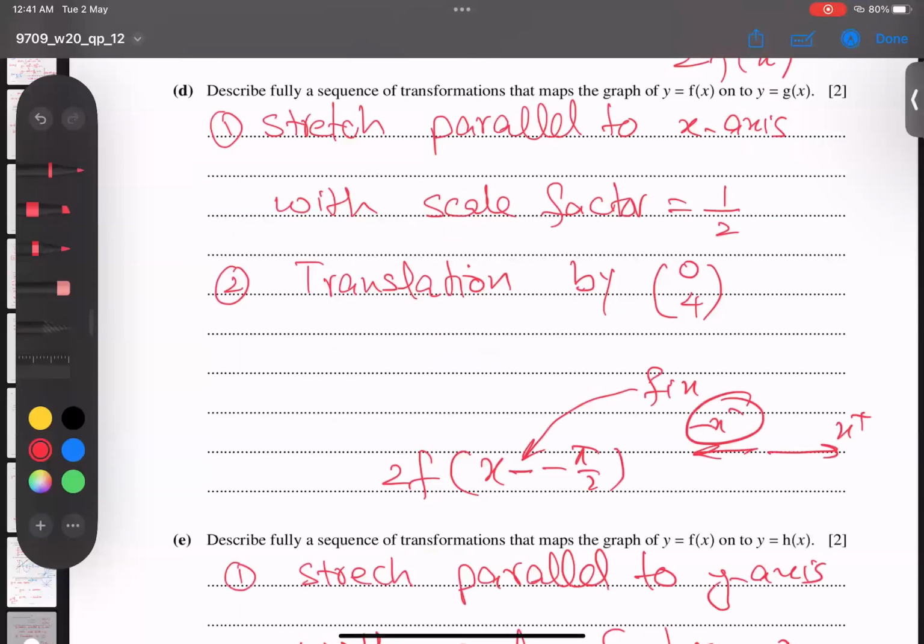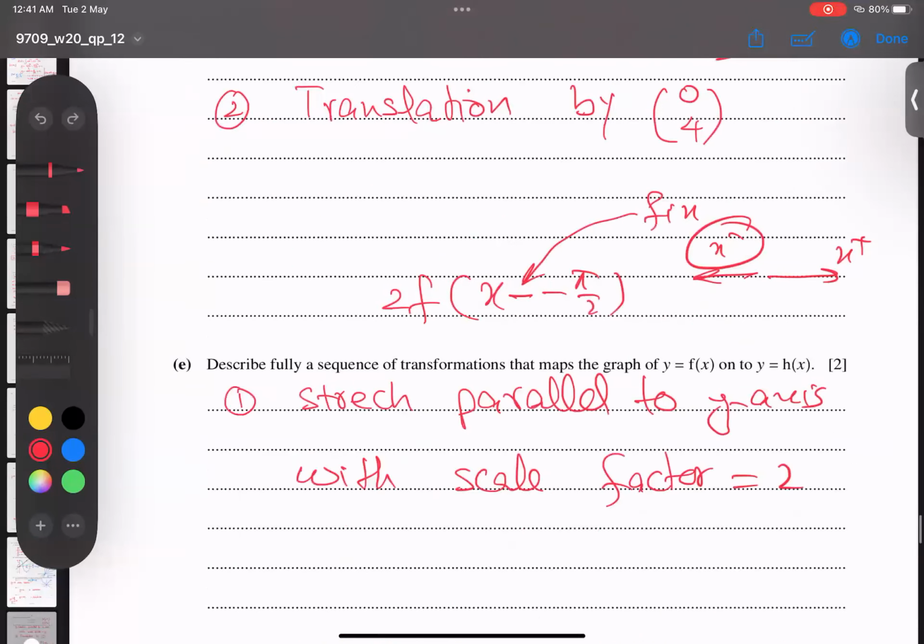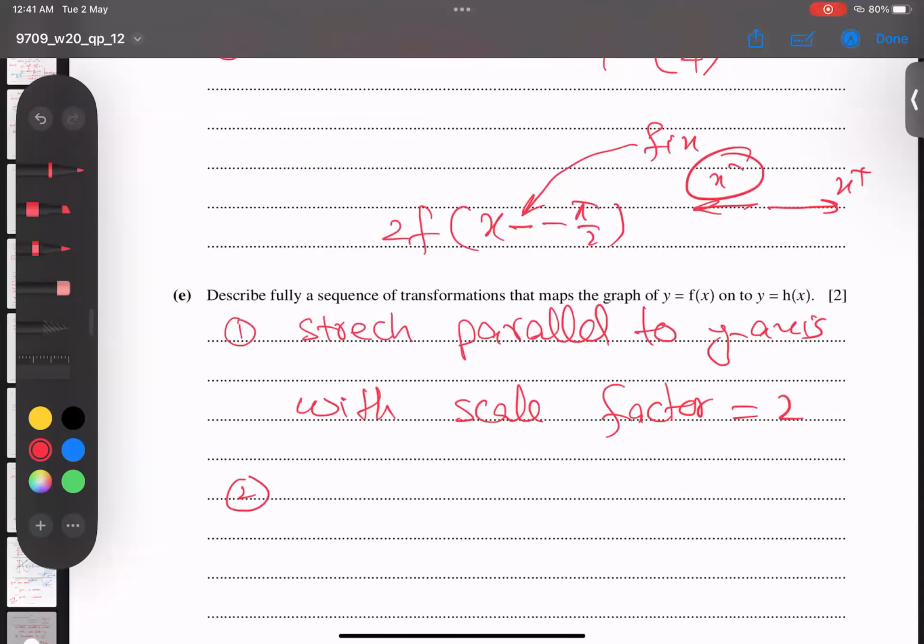So this negative is very clear. So this is called translation horizontal, or you just write translation by column vector (negative pi by 2, 0). The reason is because it is going left side only, the negative sign. So I hope the point is very clear.